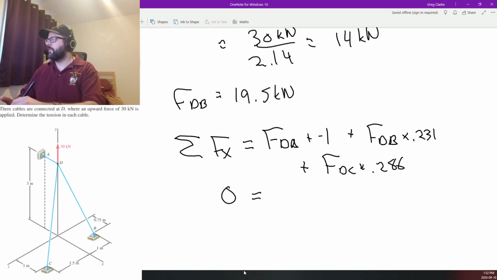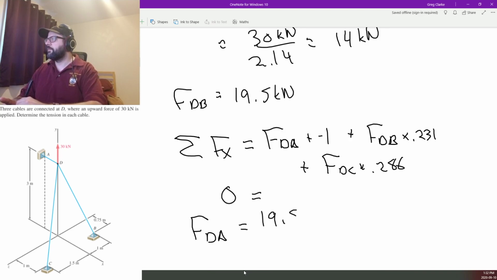So simple enough. We've got a negative FDA here, so we'll just add FDA to each side in order to move this over here. We can also plug in our values for FDB and FDC here.